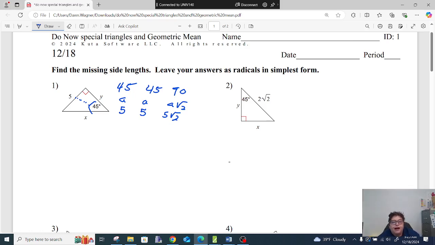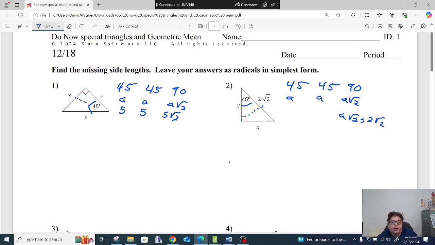So this one follows the pattern also, and it's still a 45, 45, 90, which is a, a, a square root 2. But this one they gave you across from the 90. So a square root 2 equals 2 square root 2.